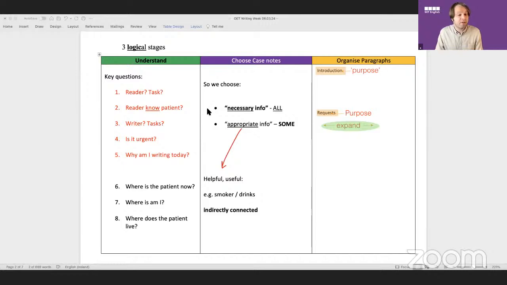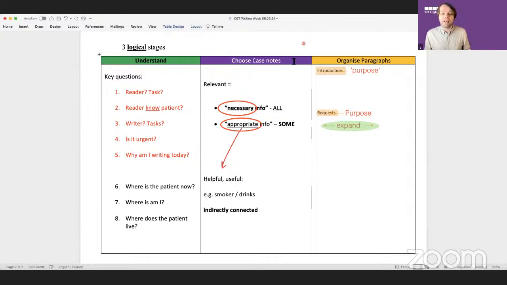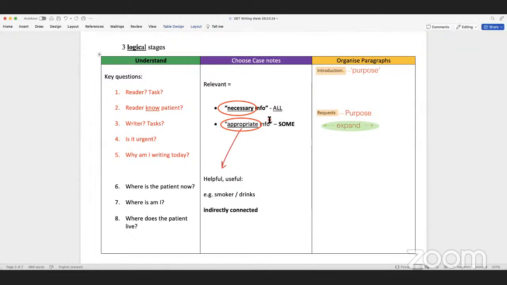The word relevant, according to OET in the writing, is necessary or appropriate, okay? So this is what OET mean by relevant. And we spoke about this yesterday, guys. Which is the most important one here? Necessary information or appropriate? Necessary information. So this is the key point here.